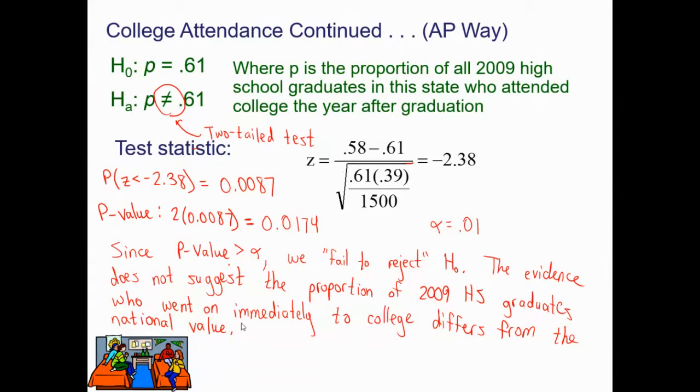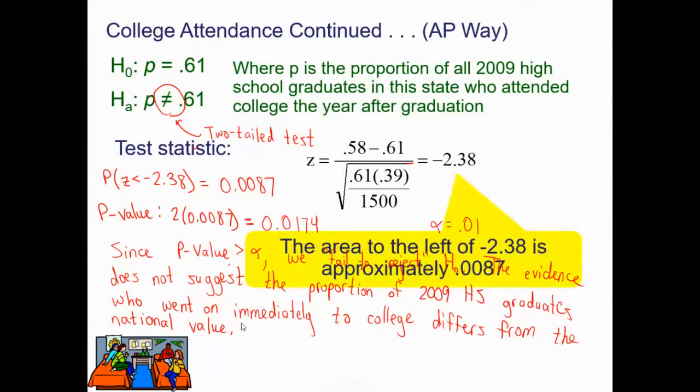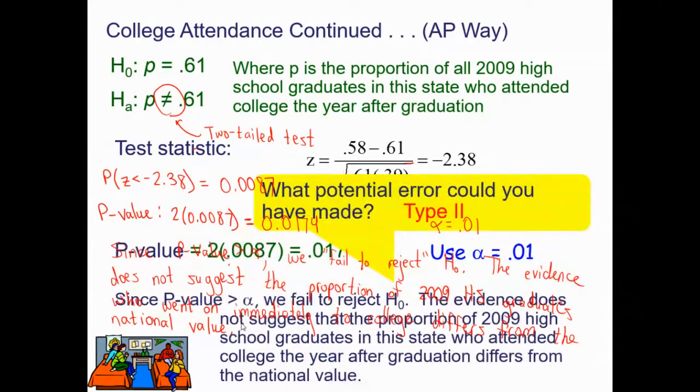Since we failed to reject, that means we're either right or we made a type 2 error. Make sense? Okay, so this kind of just goes on to finish what we just said. I'm not saying we did make a type 2 error, but we could have.